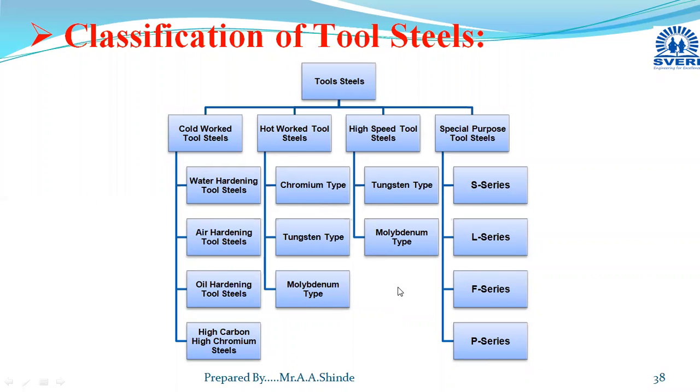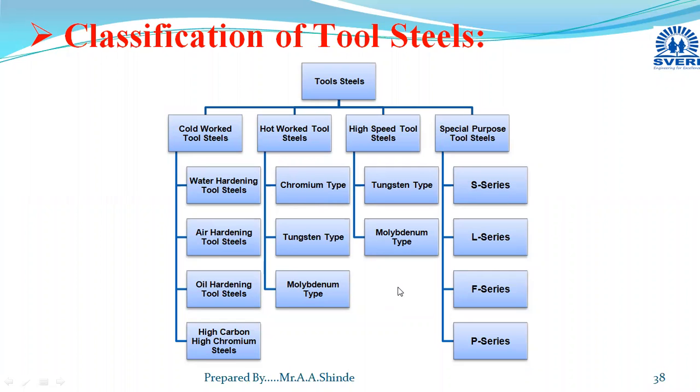Now, the basic concept you have to understand here is the meaning of cold working operation and the meaning of hot working operation. Cold working processes are manufacturing processes which we conduct below the recrystallization temperature of the material.